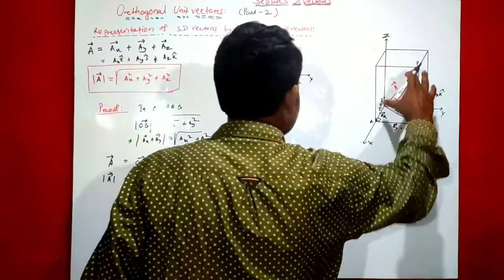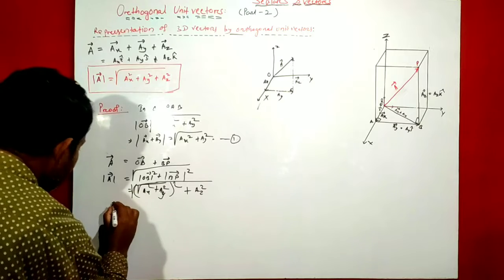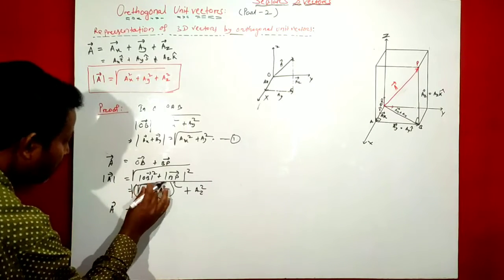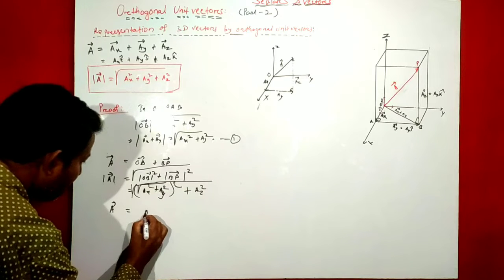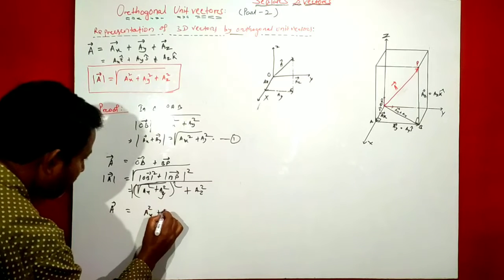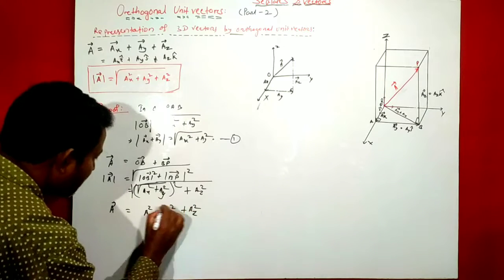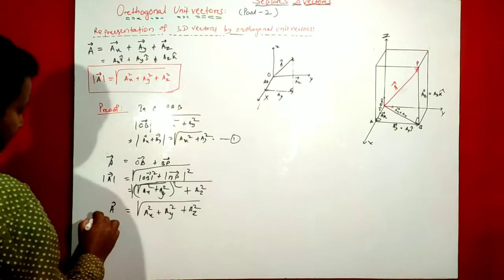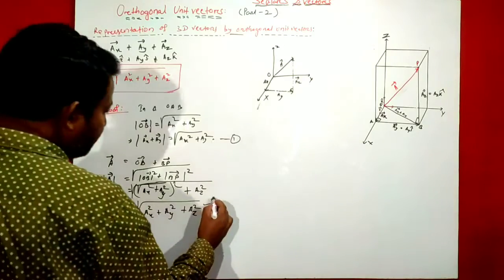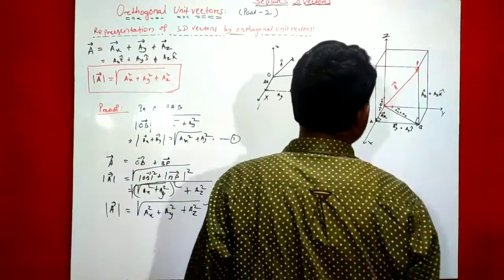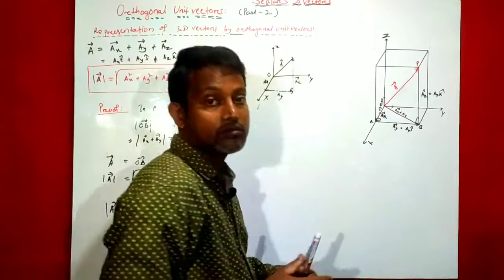Then we get magnitude of A is equal to the square root of ax square plus ay square plus az square. We prove the magnitude.